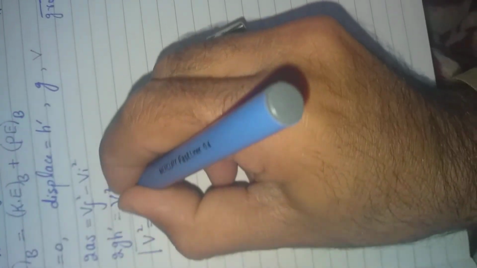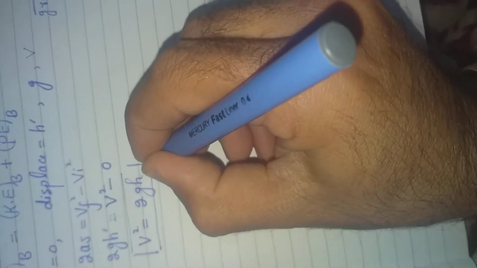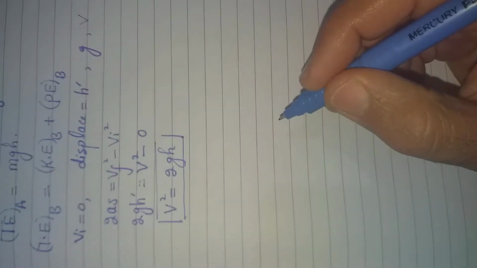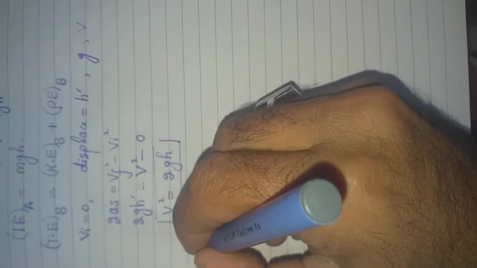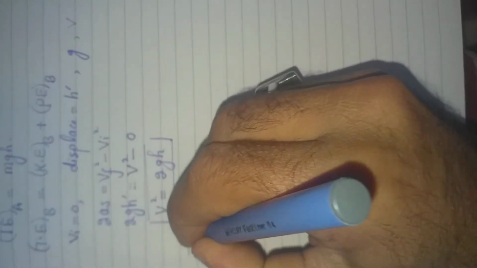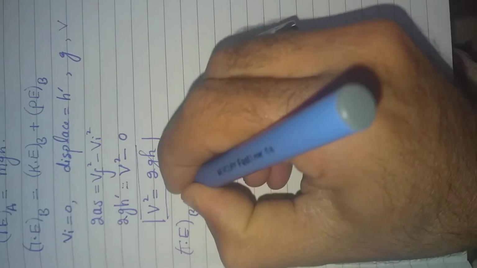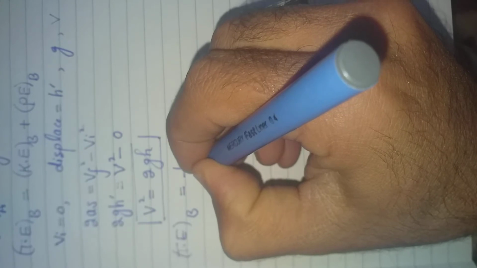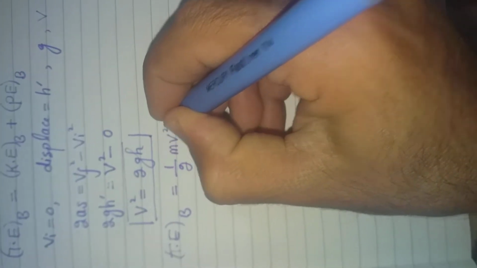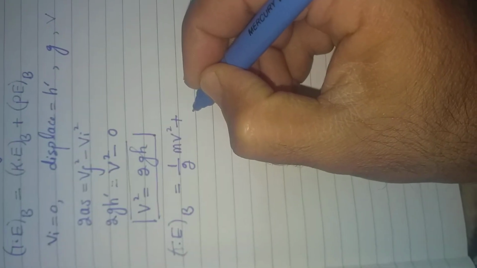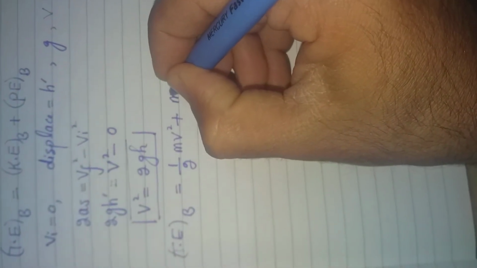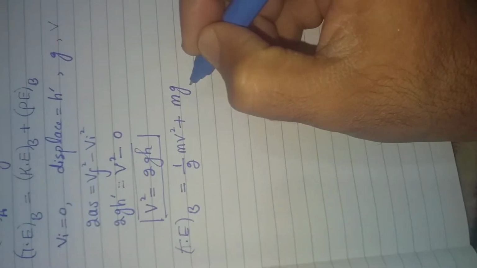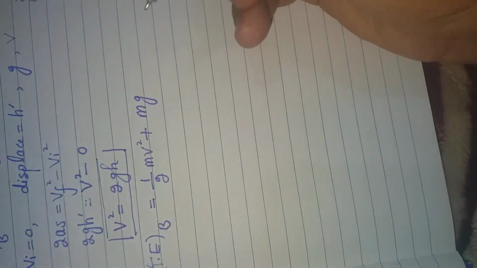Just keep in mind this equation, because later we have to put it in instead of kinetic energy. Now put the value: total energy at point B is equal to kinetic energy plus potential energy, so half mv squared plus mgh dash, because the mass has not changed and gravitational acceleration will remain the same.